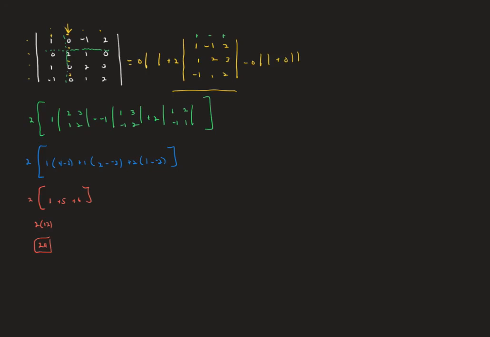Let's move to a new screen and let's talk just about a few things about our determinants. So one is, suppose we had 1, 2, 3, 4. If we evaluate that, we would go down the diagonal: 1 times 4 is 4, minus 2 times 3 is 6, is negative 2.